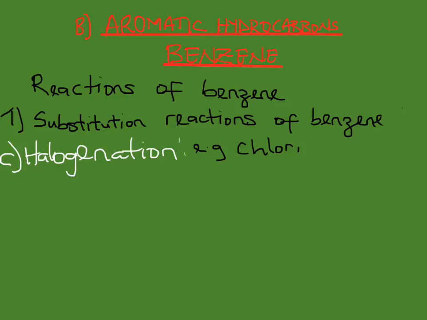The halogen carrier is a Lewis acid, that is electron deficient, and polarizes the halogen molecule. The halogen carrier may be a metal or its chloride, bromide, or iodide.